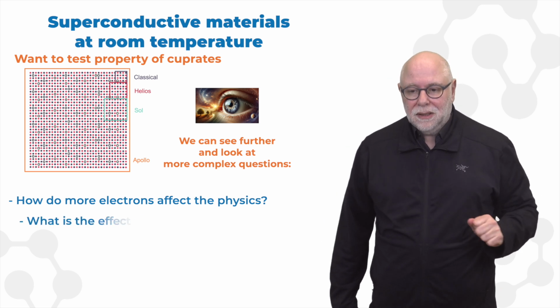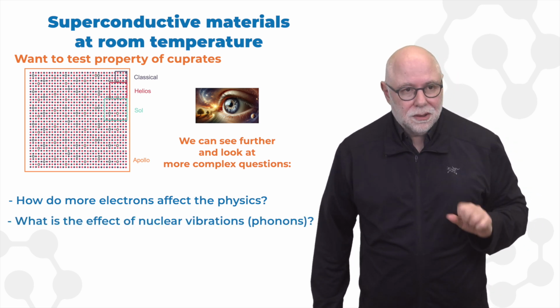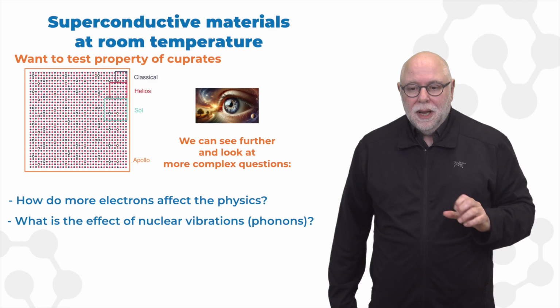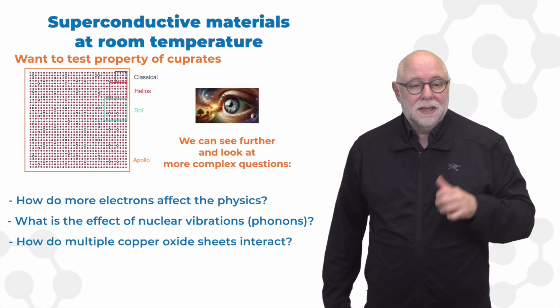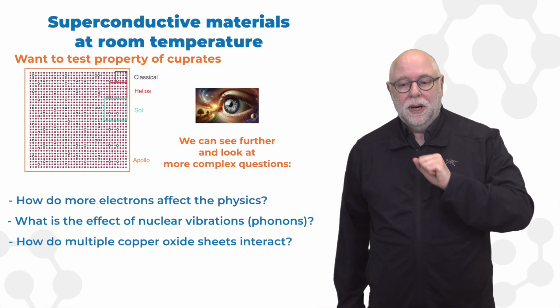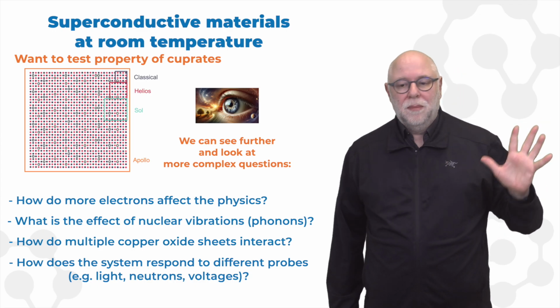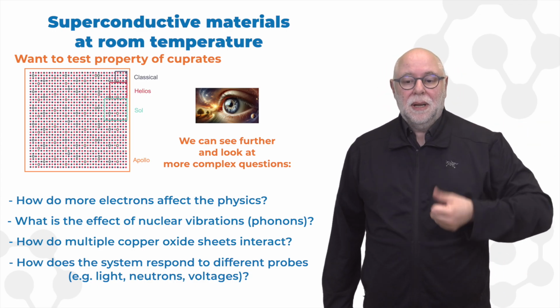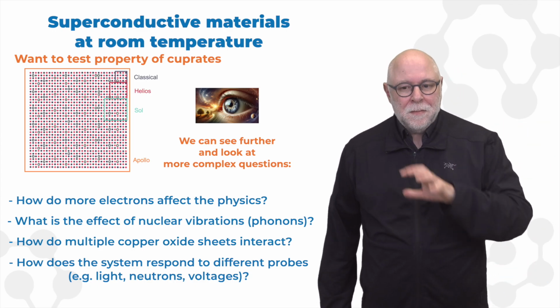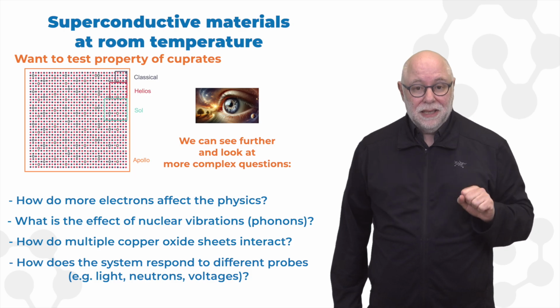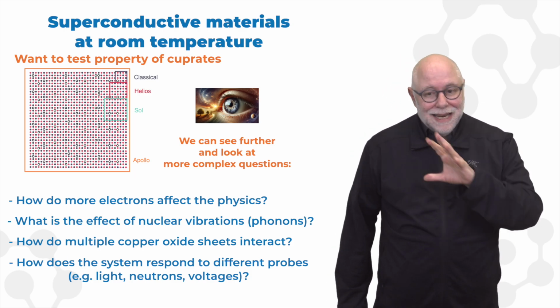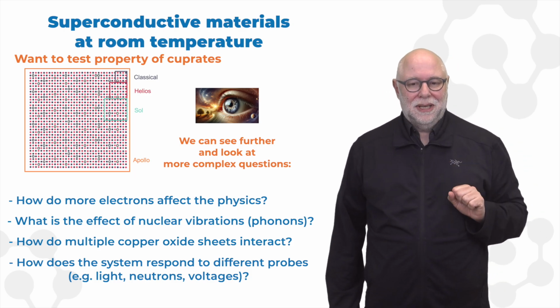Or what is the effect of nuclear vibrations called phonons? Or how do multiple copper oxide sheets interact? Or how does the system respond to different modes of light, for example, neutrons or voltages? All these questions are currently out of reach, but on the next near-term computers, we can answer these questions.